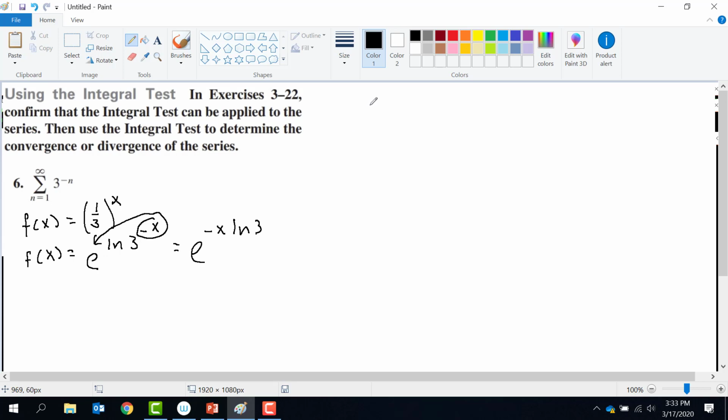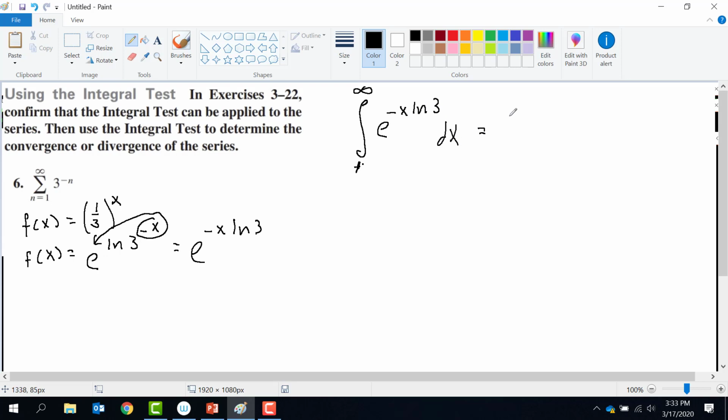Okay, so now we apply the integral test. We want to find the improper integral from 1 to infinity of e to the negative x natural log of 3 dx.